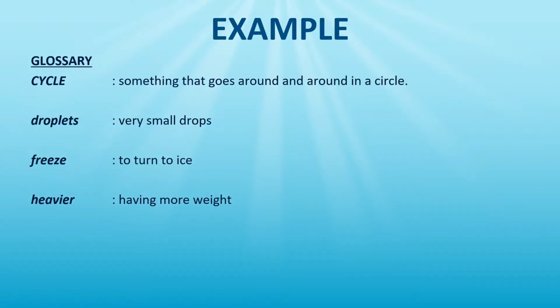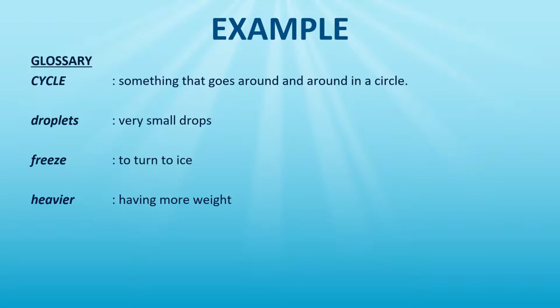Next we have freeze. Freeze means to turn to ice. In glossaries, students, you have direct meanings. There is no such thing like noun, verb, or adverb. It is directly the meaning.